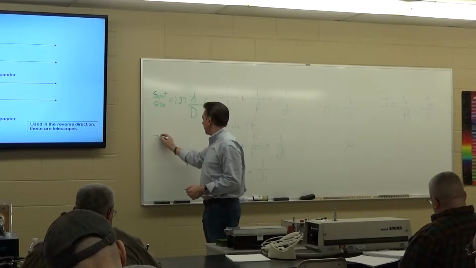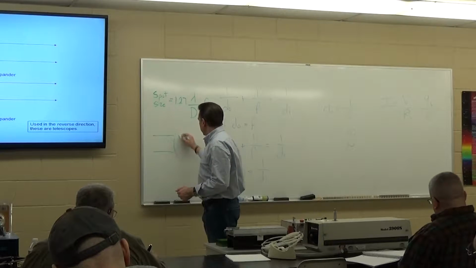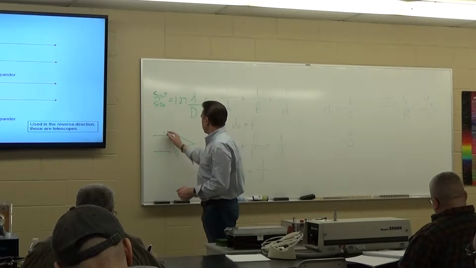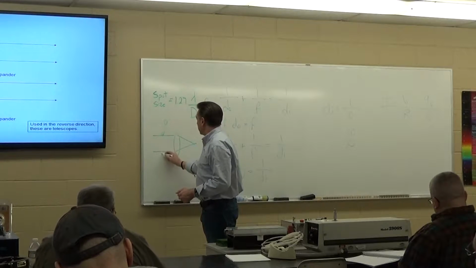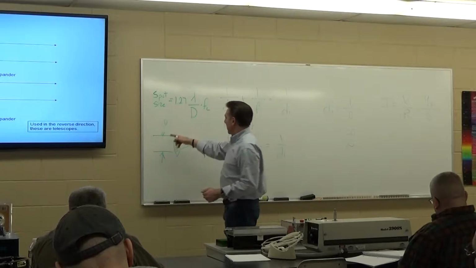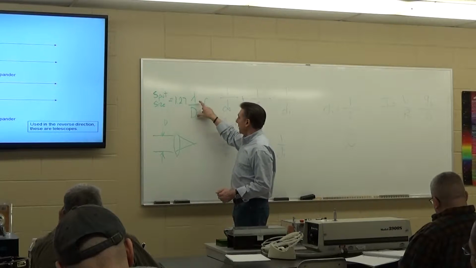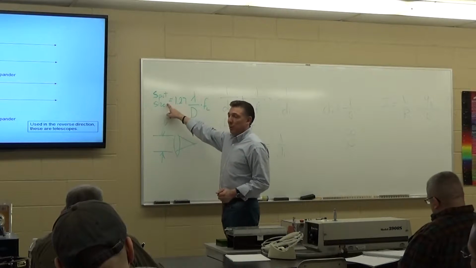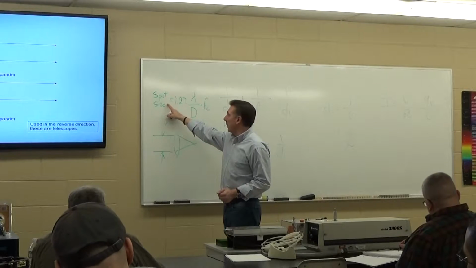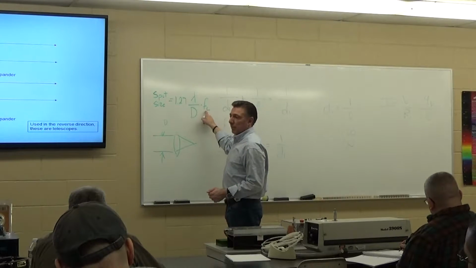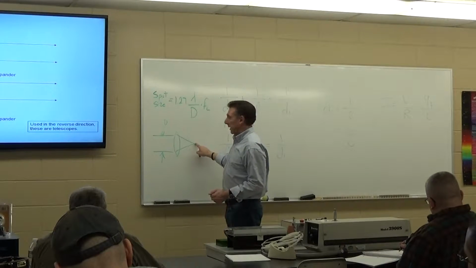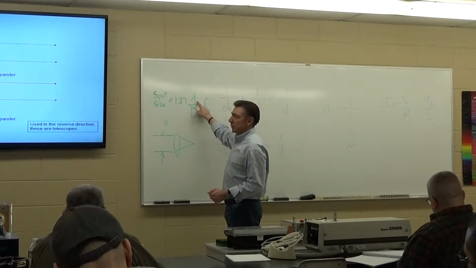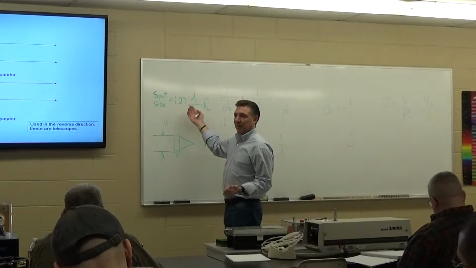So if I start out with a beam that's a certain size, okay, this is d here, depending on the wavelength, the bigger I make this beam, the smaller the spot size gets. Or the shorter I make the focal length, the smaller the spot size gets. Or the shorter I make the wavelength, the smaller the spot size gets.